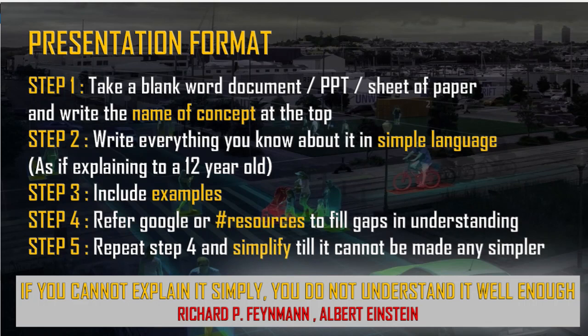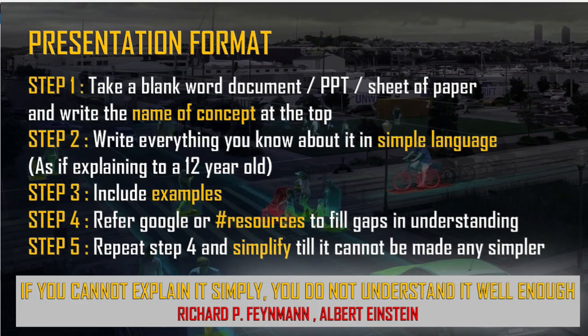So I'll just quickly summarize how we'll go about it. For example, you choose one concept, for example edge detectors, and you choose Canny edge detector and Harris edge detector. So you can write the name of one particular concept first. So Canny edge detection, and maybe you have some previous knowledge, so you will write everything you know on a sheet of paper, or on a Word document, or a PPT, whatever you prefer.